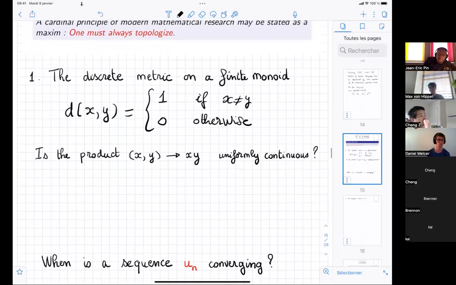It turns out that you can verify that the product is uniformly continuous for this discrete metric.